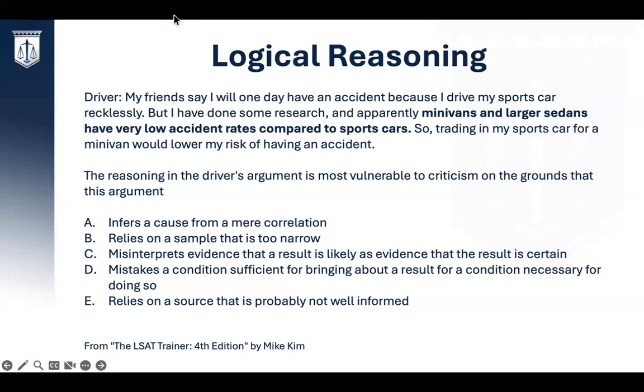This is a classic cause versus correlation issue. Ownership of a minivan is correlated with lower accident rates, but in no way does this mean that owning a minivan causes one to have a lower rate of accidents. Maybe those who own minivans are just naturally more cautious people. Thus, the driver is incorrect in concluding so, right?